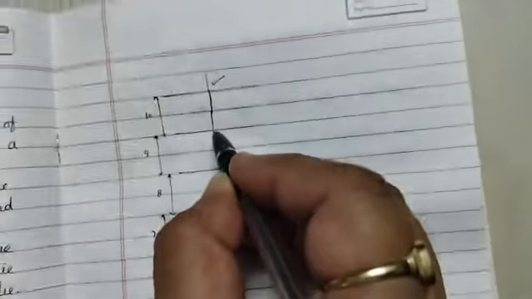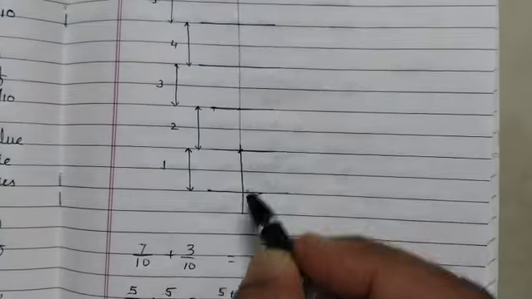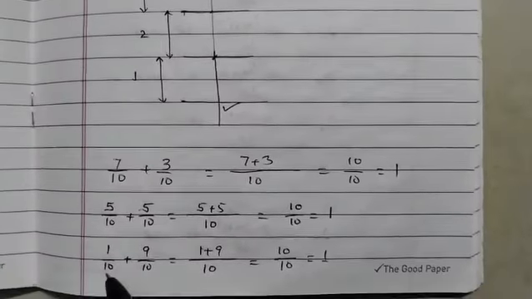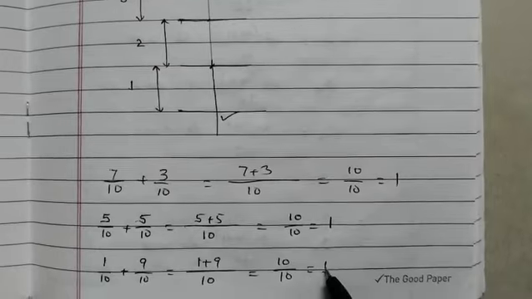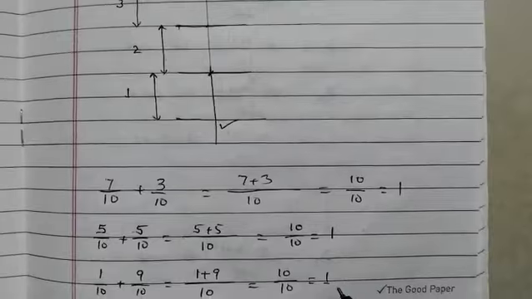Suppose this point, above which 1 by 10 of the scores are lying, and below which 9 by 10 are lying. So 1 by 10 plus 9 by 10 gives us, taking 10 as LCM, 1 plus 9, that is 10 by 10, which is equal to 1. In this way, the deciles are to be calculated.